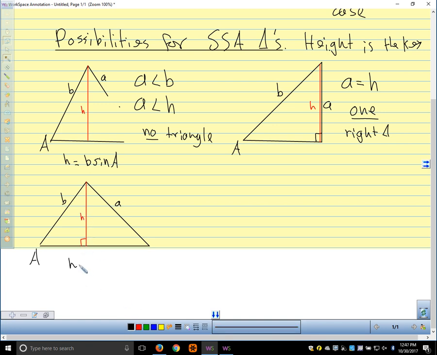And here again, H equals B sine A. In this case, A is greater than B, and A is greater than the height. When that happens, there's only one triangle.